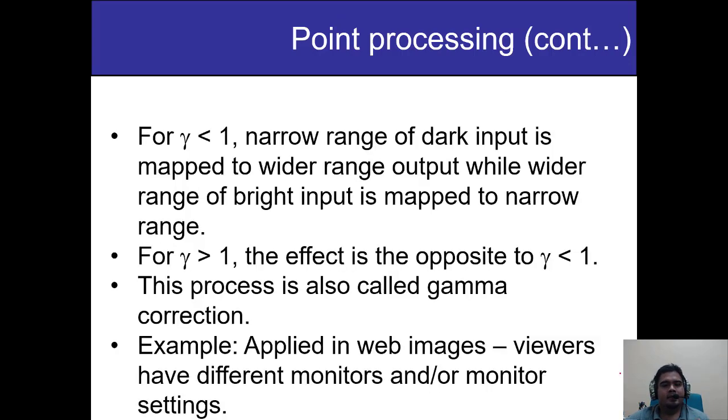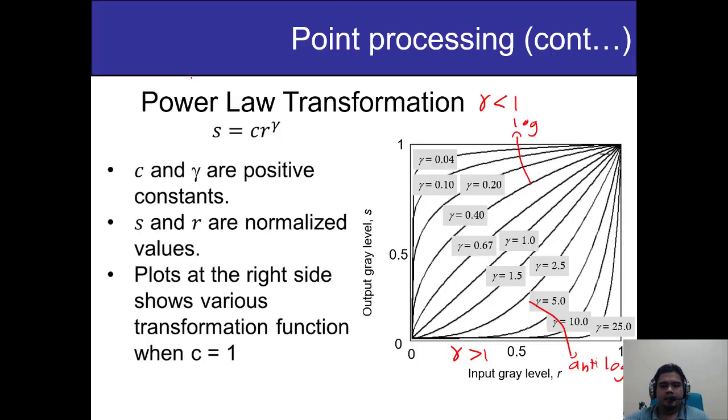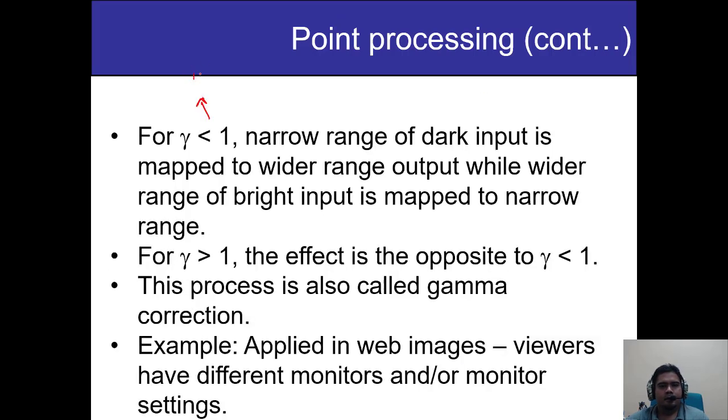The explanation here is almost similar to what I discussed for the power law transformation function. If you set gamma less than 1, it is like your log, so the shape is something like this.